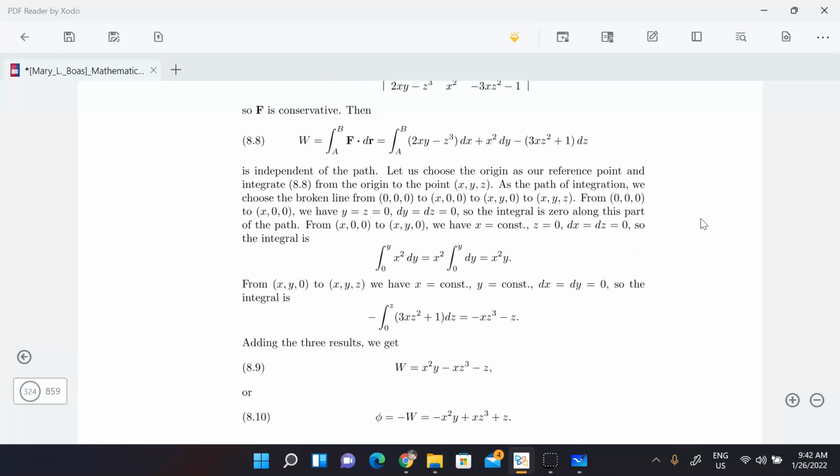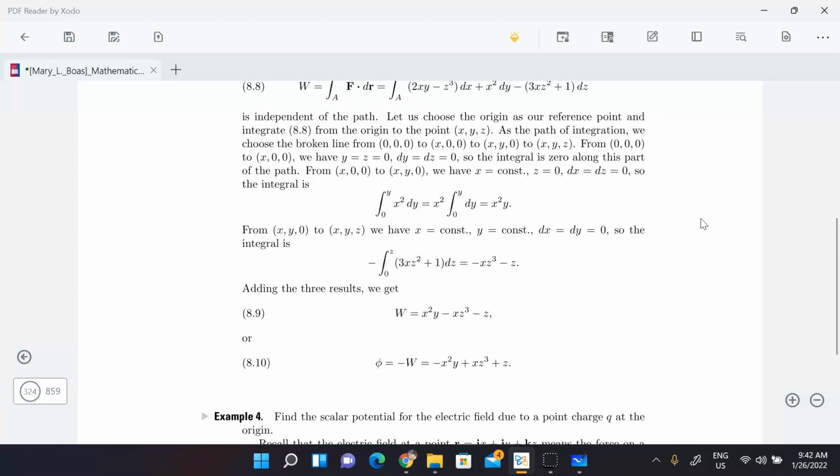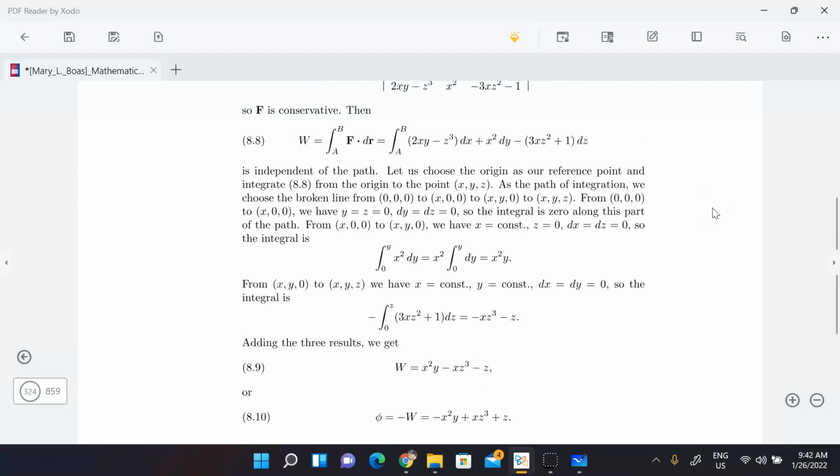Here you are getting the answer instead. So over here, usually what happens when you integrate this, these are specified points A and B, you get a value, if A and B are specified.